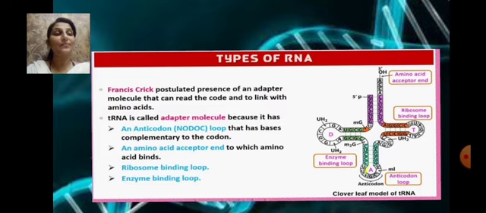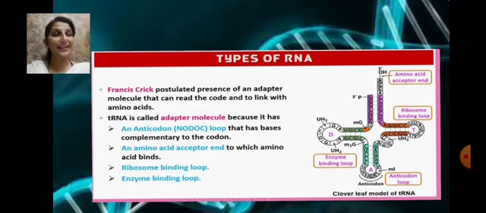It has bases which are complementary to the codons present on the mRNA. It has an amino acid acceptor end at the 3' end. And it also has a ribosome binding loop, and in addition, an enzyme binding loop.